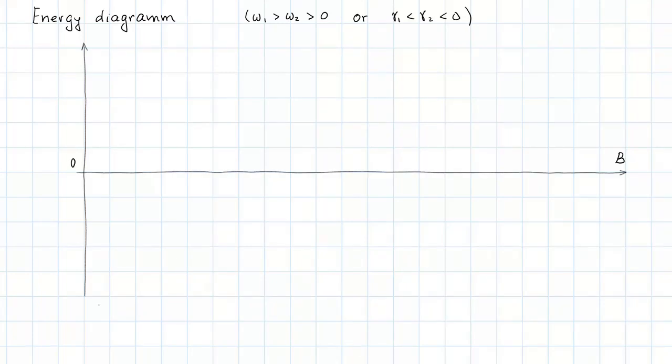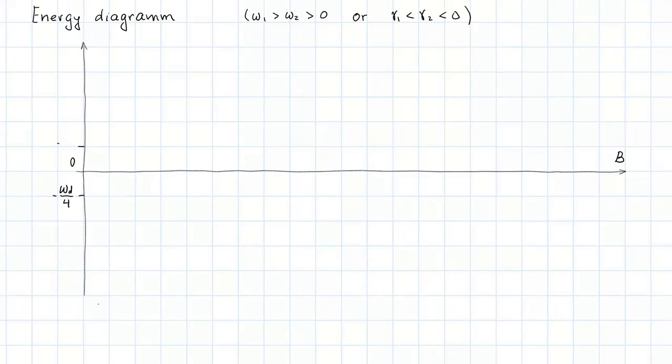Along the vertical omega axis we have two important points. The first is minus omega d divided by 4, where two eigenvalues, the second and the third, meet at zero magnetic field. And the second point is omega d divided by 4, where another two eigenvalues, the first and the fourth, meet at zero magnetic field.